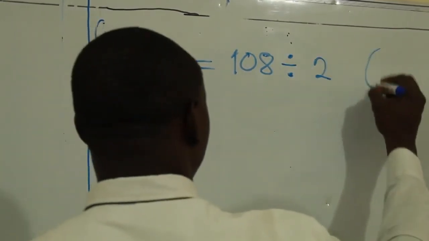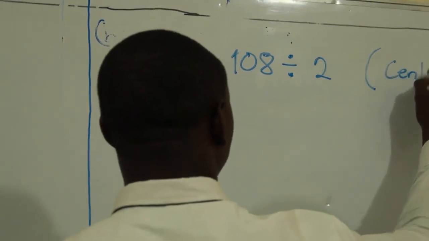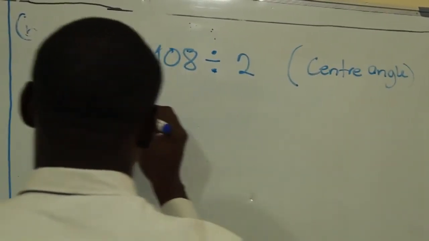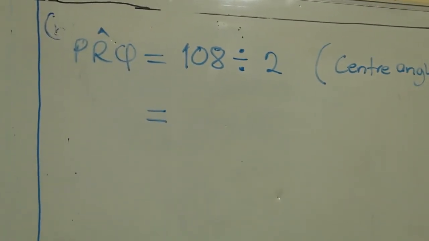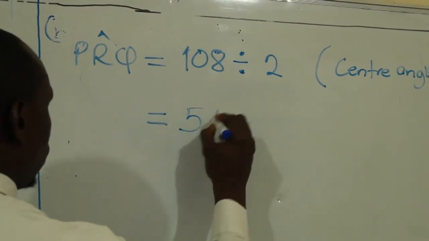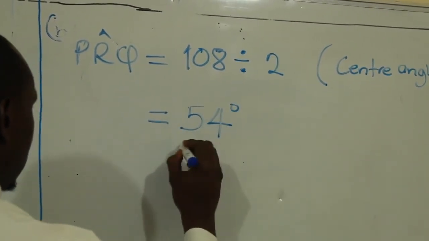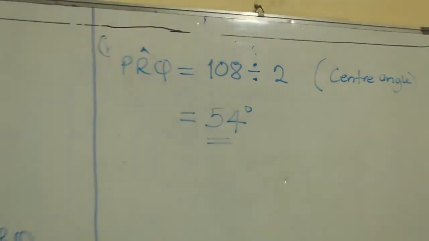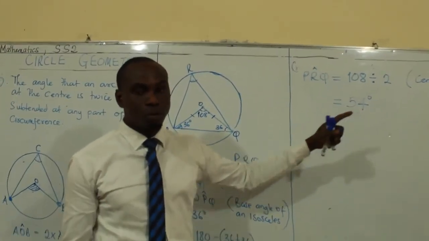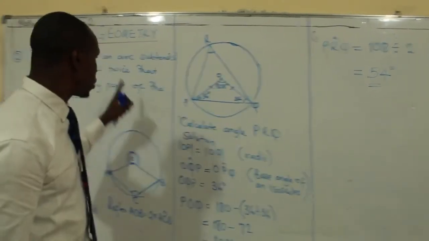We can call this reason the center angle. So 108 divided by 2 is equal to 54 degrees. We have found PRQ to be 54. We were able to get it because of this theorem.